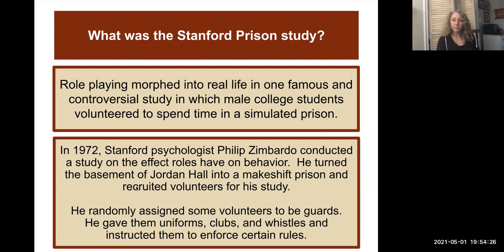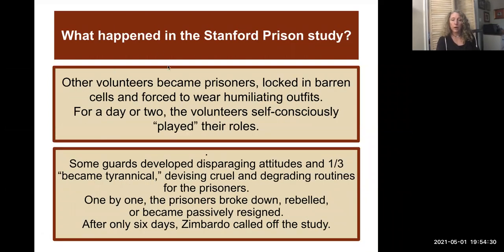And so what happened, let's look here. So this is giving more of an example of the two groups, but some guards developed disparaging attitudes and a third became tyrannical, devising cruel and degrading routines for the prisoners. One by one, the prisoners broke down, rebelled, and became passively resigned.